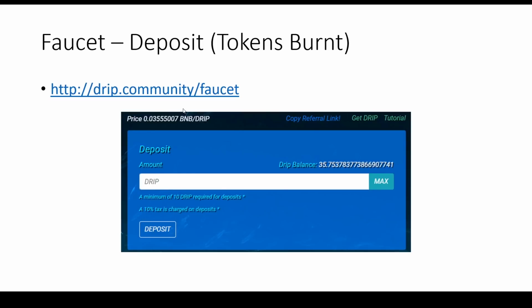I want to point something out here: when you're first joining the Drip Network, you must deposit a minimum of 10 drip. Now, as the price keeps going up, the developer of this project has promised that he will eventually lower that minimum drip requirement. But when you first deposit into the Faucet contract, you need to deposit at least 10 drip tokens.